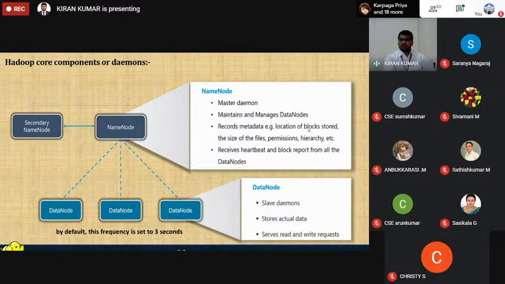You can see here the location of the blocks stored, the size of the files, the permissions, the hierarchy, etc. All this information is stored here about each data node. We call it metadata. So the name node will have the metadata about all the data nodes.